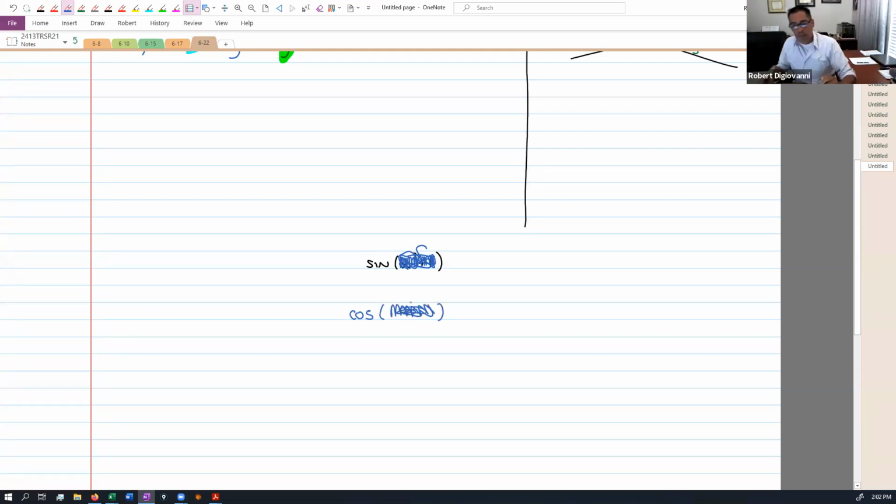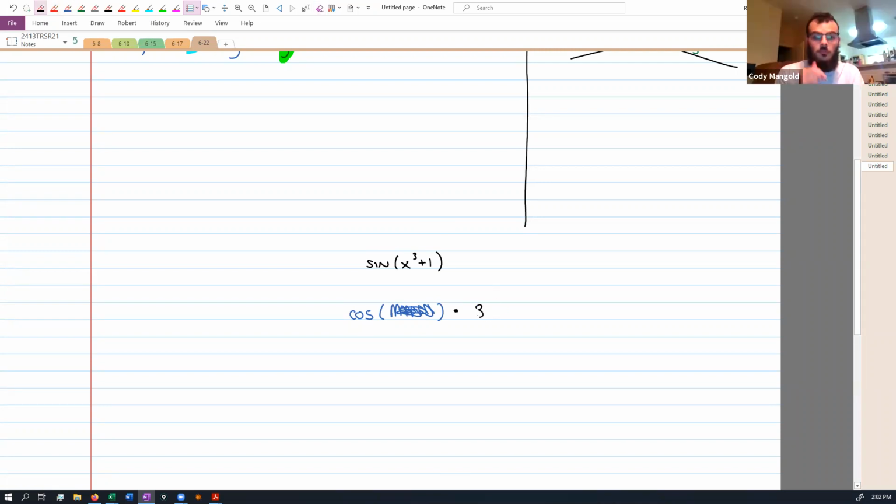But I remember that it's a chain rule. So I say to myself, I still need to multiply that by the inside. Now I uncover the blue blob and ask, what's the inside's derivative? 3x squared. That's the chain rule in my mind.